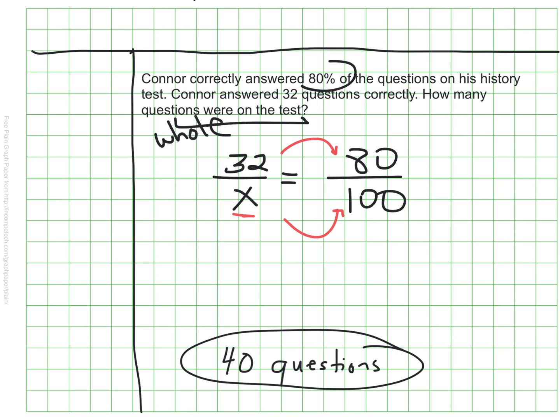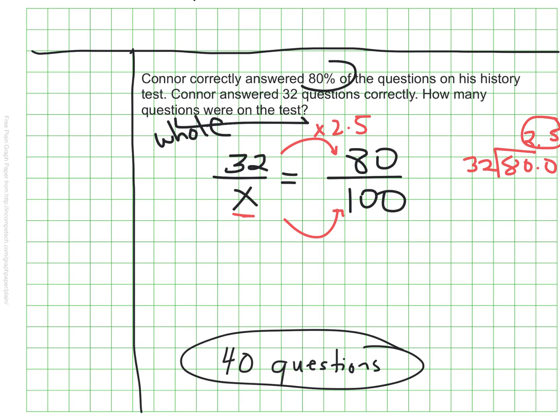How'd you do? Did you find out that there were 40 questions on the test? Hopefully you did. If you had a little bit of a hard time, make sure you're thinking to yourself, 32 times what is 80? You might have had to divide 80 by 32 to figure that out. But it ended up being 2.5. So that means this was multiplied by 2.5.